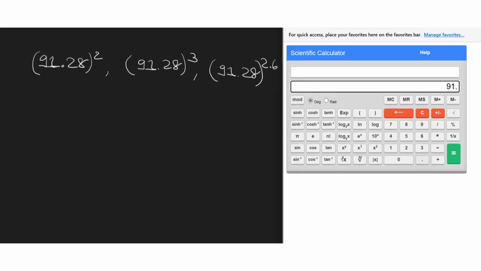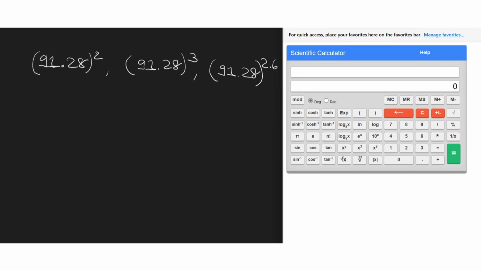Let's just see how will we perform this calculations. 91.28, then press x square equal to, again 91.28, then press x cube, so we'll get the cube. Then we have 91.28 raised to 2.6, so write the number, then press x raised to y. Now you'll type this power, which is 2.6, and then press equal to.